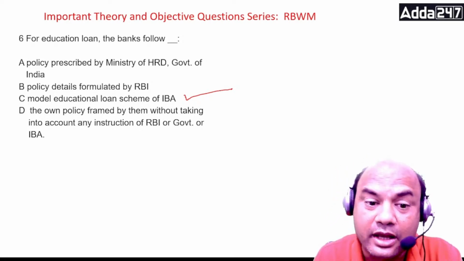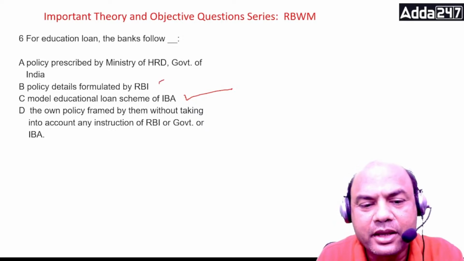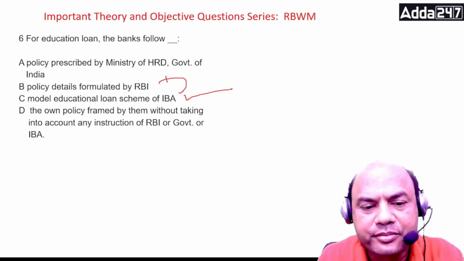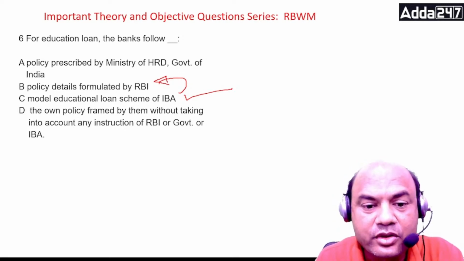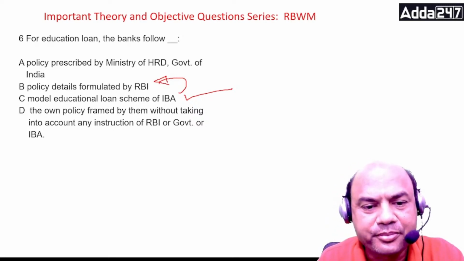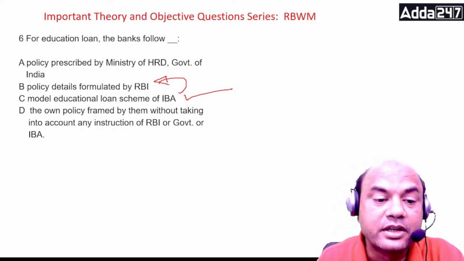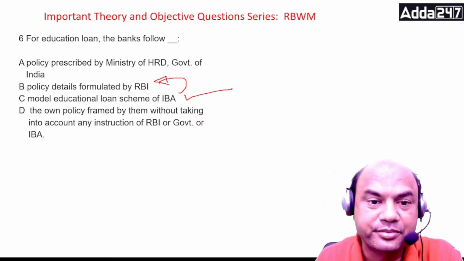Then you will say, sir, RBI? It's very simple. IBA is under RBI. So IBA is in fact a part of RBI only. But we follow the Model Education Loan Scheme of IBA.